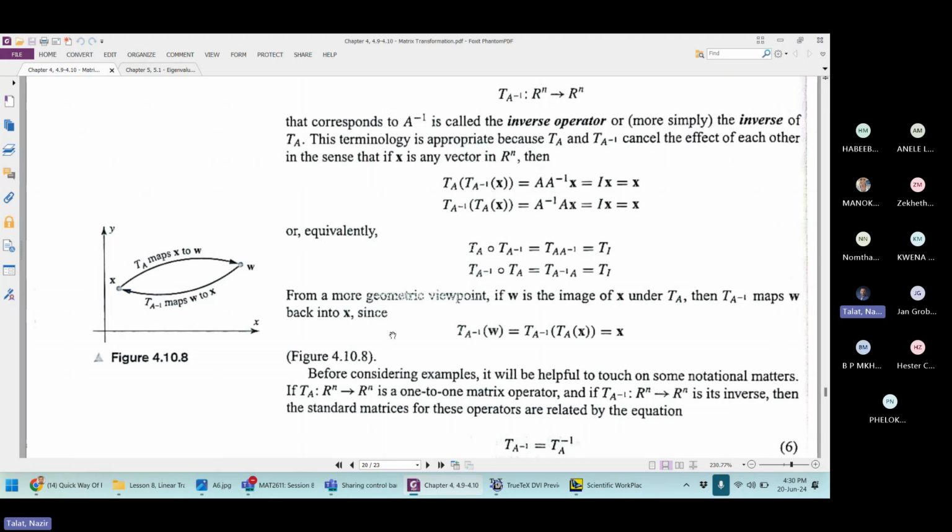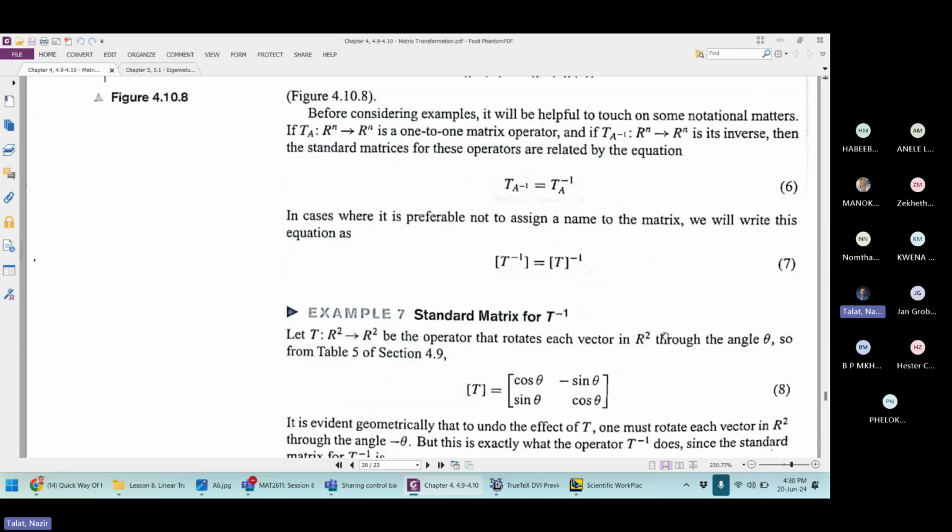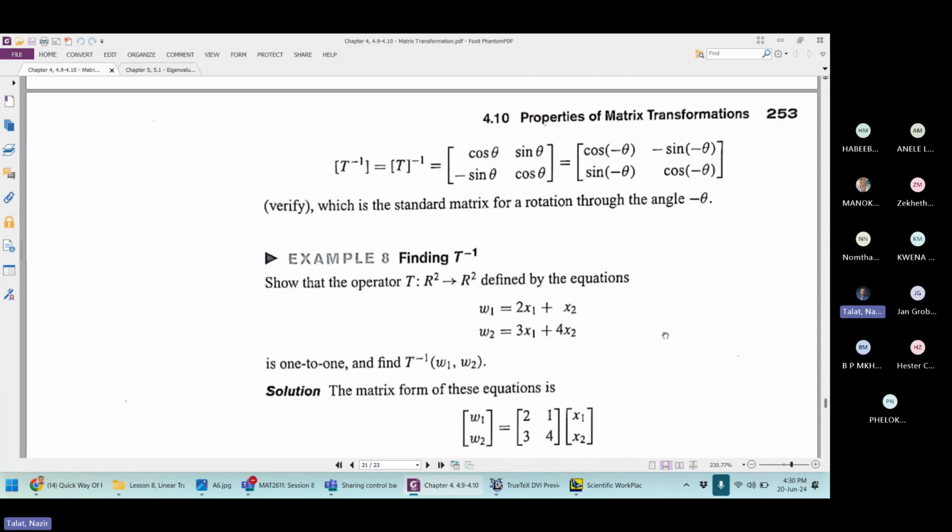If A is a matrix, then we just find A inverse. As A is TA, then A inverse is TA inverse. Here you can see that T A inverse is the same as TA inverse. So these two things are the same, and we just need to find the inverse of that one, which is very easy.